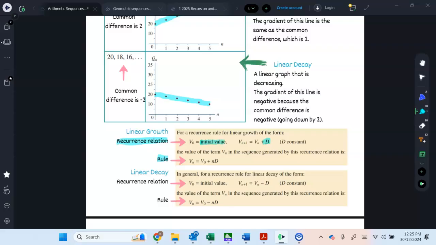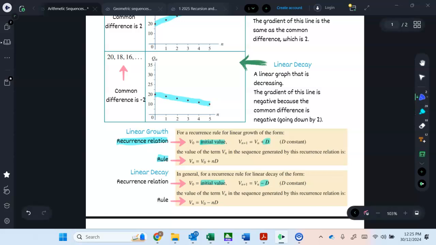And obviously if we were going down, it would be a minus like it is here for linear decay. With your recurrence relation, you're always going to have V0 equals whatever your initial value is, and then Vn plus 1 equals Vn, and then your common difference.